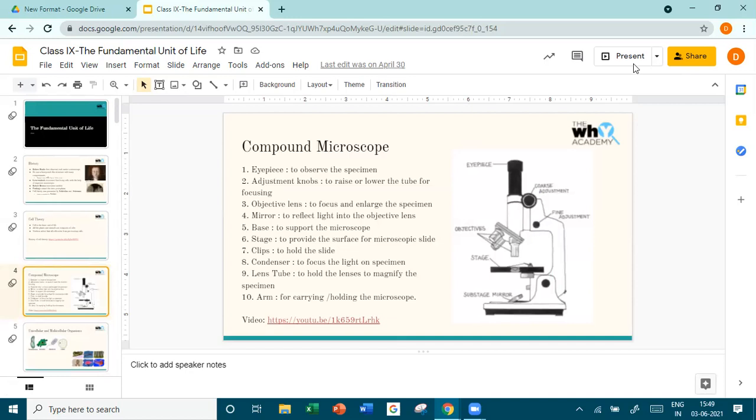Because they keep changing the pattern, I cannot tell you 100% that it will not come. But labeling could come. So it's better if you have a rough knowledge of the diagram, that where is what is sufficient, right? These are the 10 things you should know.